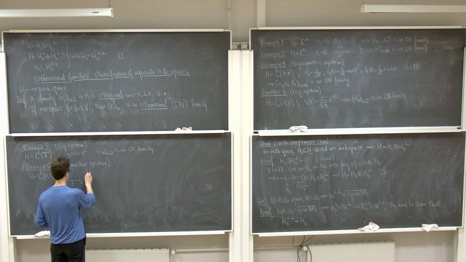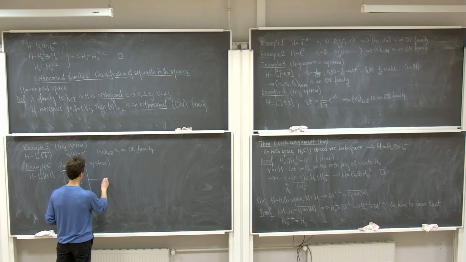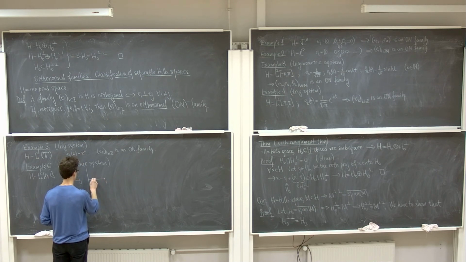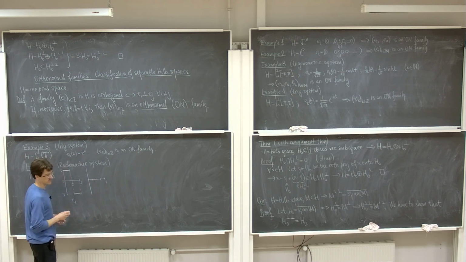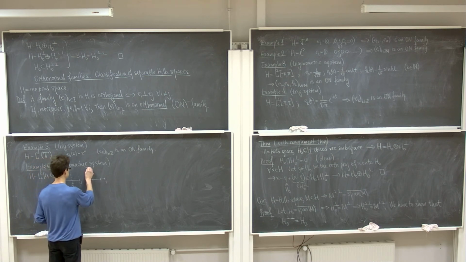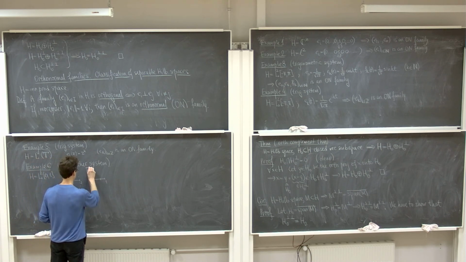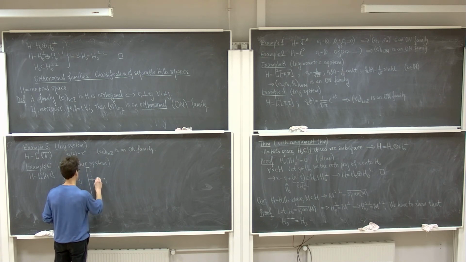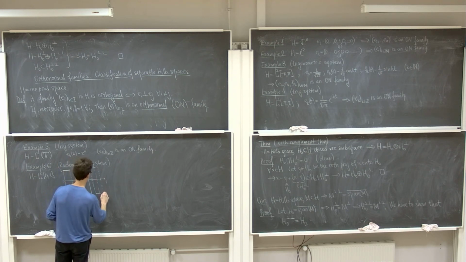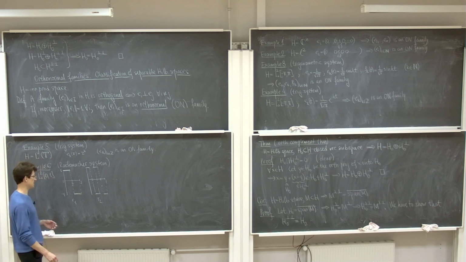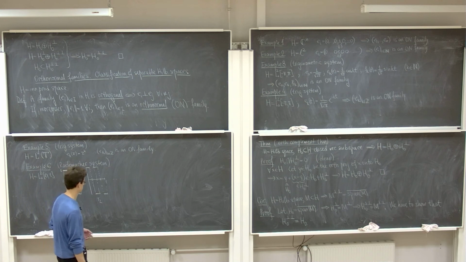To define the function R2, we divide our interval into 4 equal parts and consider the function which is 1 here, minus 1 here, 1 here, and minus 1 here. And this is the function R2. And so on. So as a next step, we divide our interval into 8 parts and do essentially the same trick.